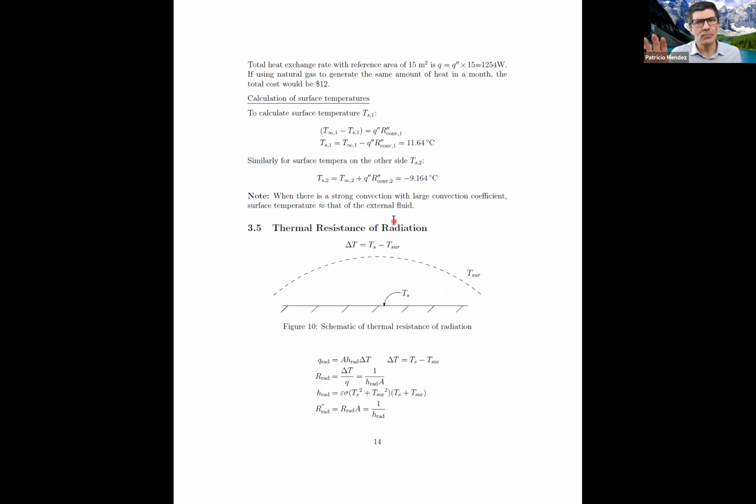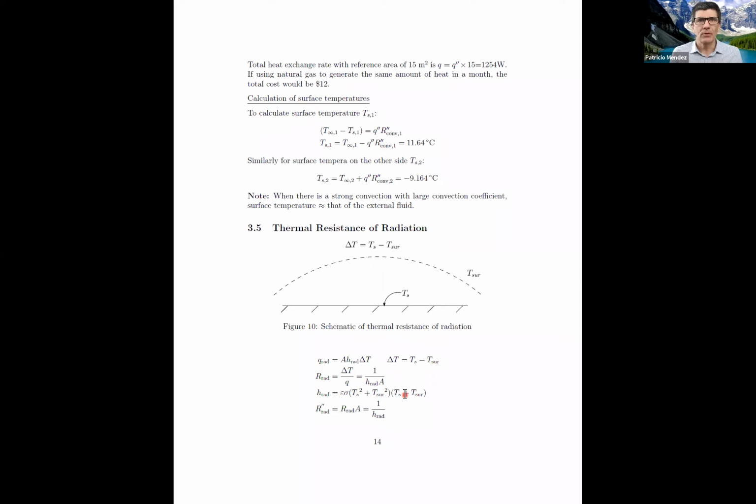So let's assume it is constant, and we can write the thermal resistance of radiation as this last equation here at the bottom, as resistance of radiation, or as 1 over h radiation, the equivalent convection coefficient for radiation, that is this expression here.